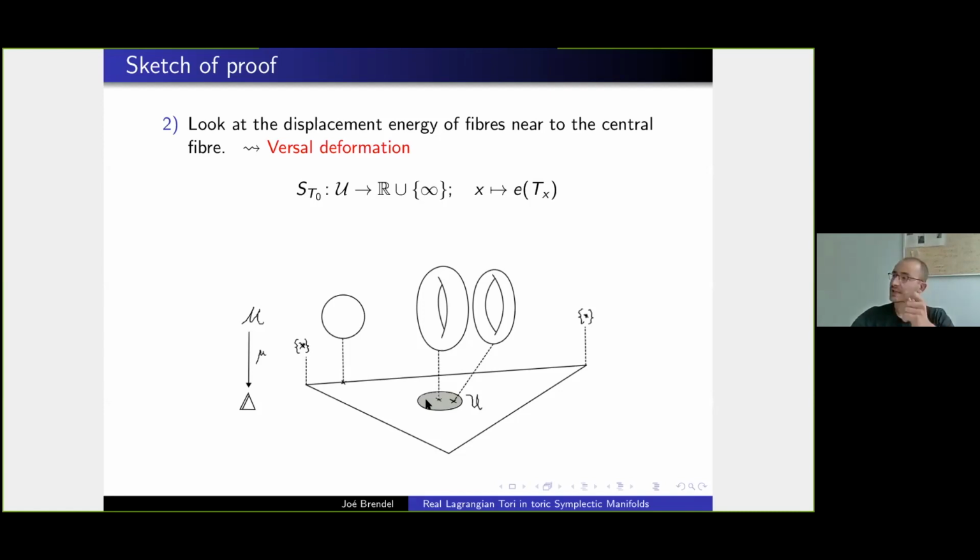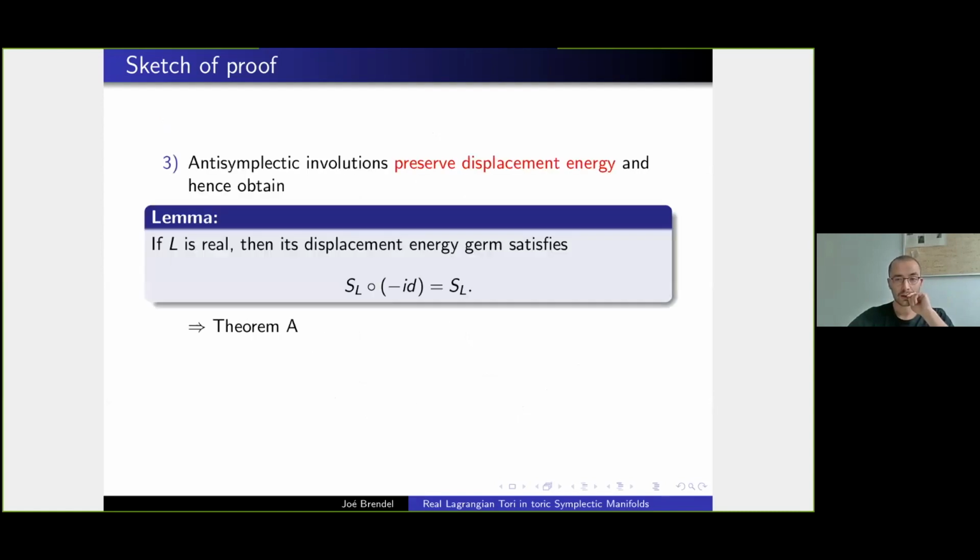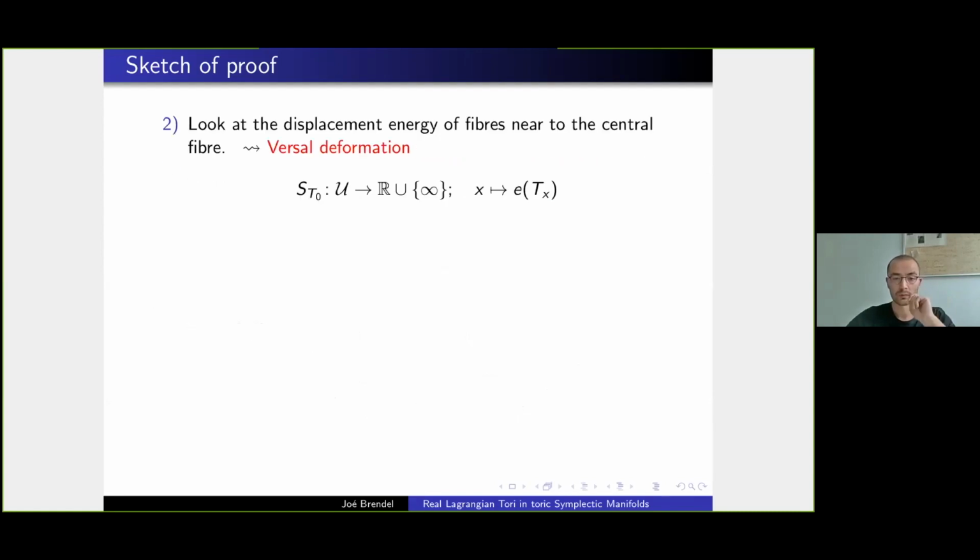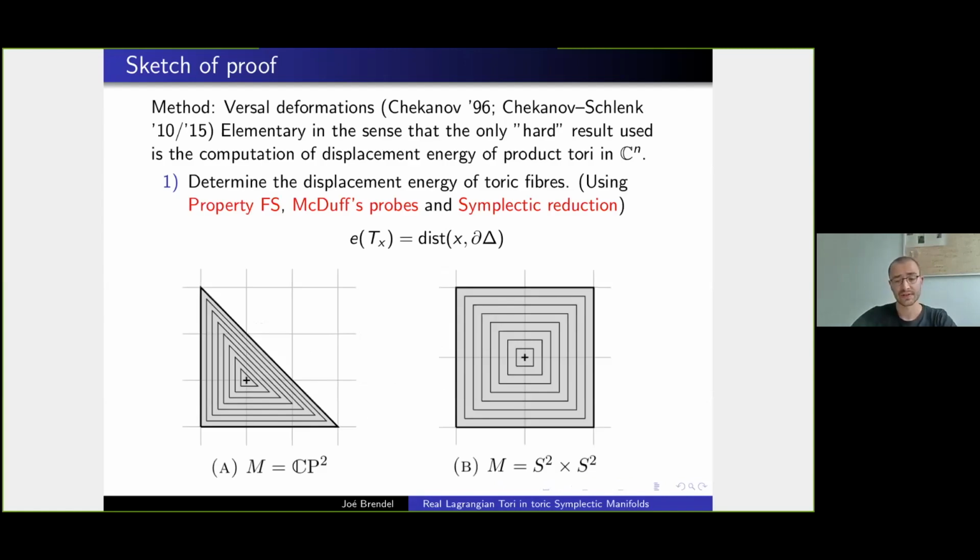So the tori come in pairs which have to have the same displacement energy. This gives you the condition that you have this symmetry of reflecting with respect to the origin, with respect to the level sets of the functions I showed before.